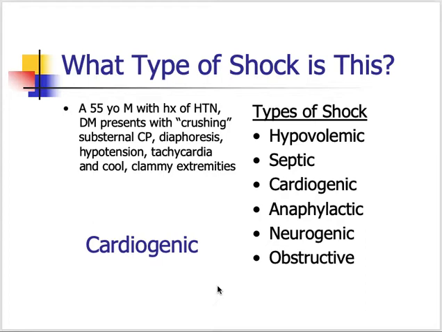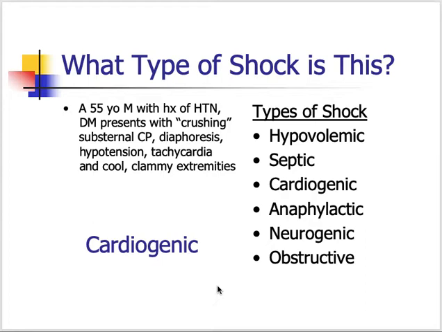You can see a 55-year-old male with history of hypertension, diabetes mellitus, presenting with crushing substernal chest pain, sweating, hypotension, tachycardia, and cool, clammy extremities. Remember myocardial infarction, what we call a heart attack, or cardiac arrhythmias, or any type of cardiomyopathy.